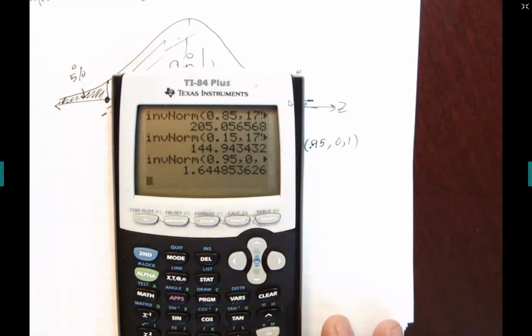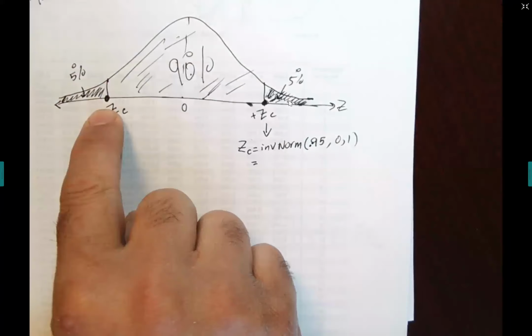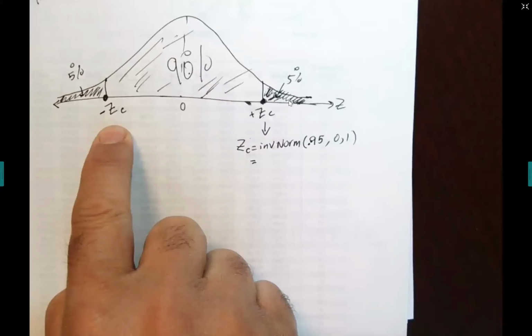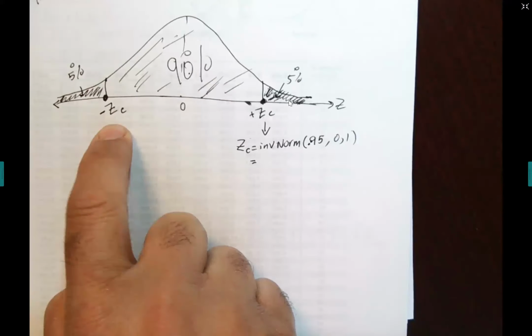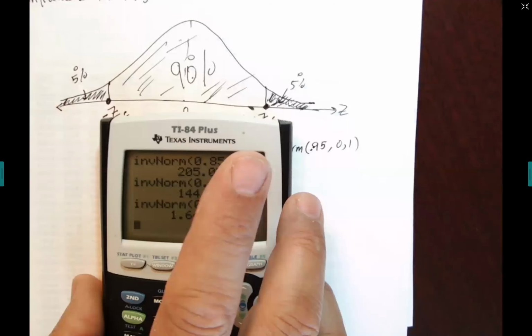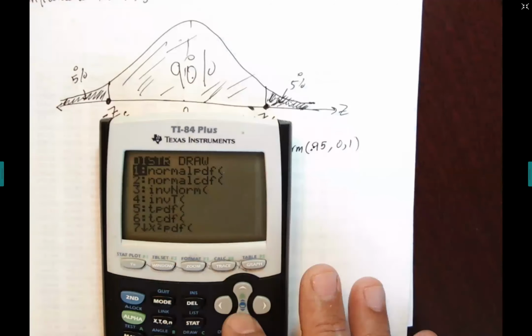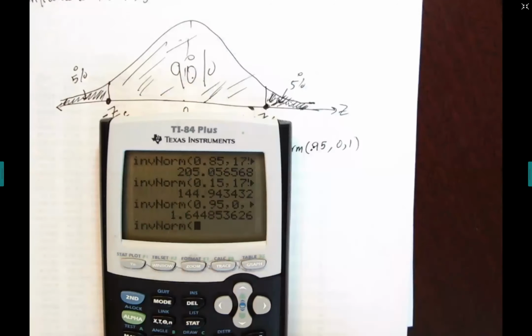If you do this one, guys, you really don't need to do the other. This is 1.645. This one should be negative 1.645. The area to the left is 5%. So let's do it. Second inverse. Watch. You're going to get the exact same thing. Negative 1.645.